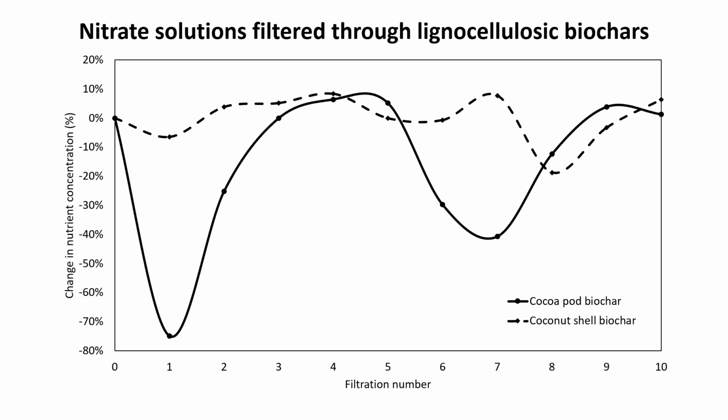Here we're regulating, for cocoa pod biochars, between 25% and 108%, and for coconut shell biochars between about 80% and 108%. So we can see that the lignocellulosic biochars are doing their job of keeping the concentrations of nitrates lower than the poultry litter biochars do.